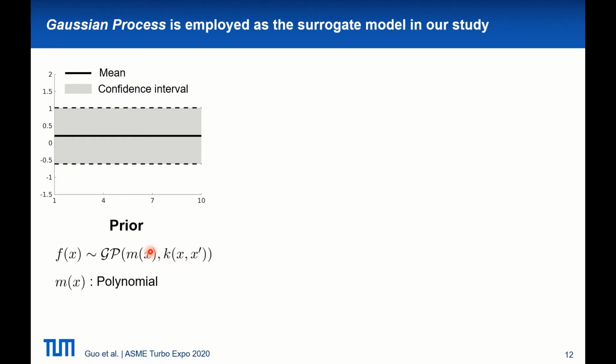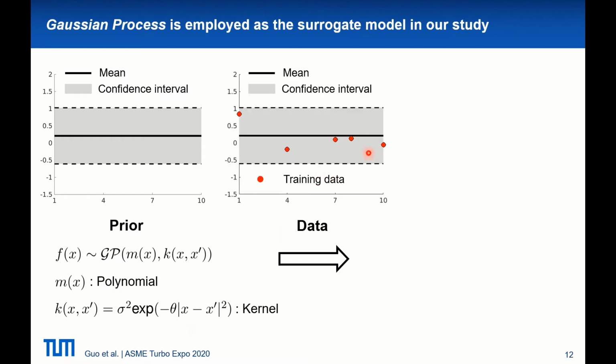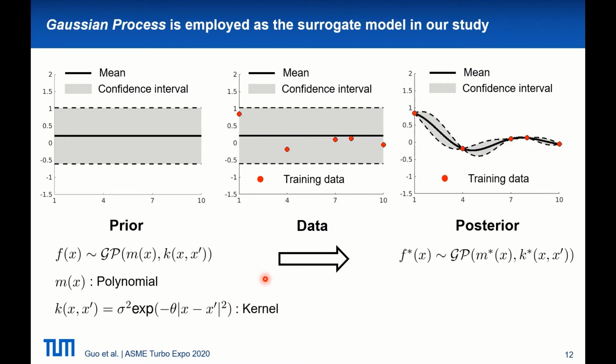Usually, the mean takes the form of a polynomial function, and the covariance function, also known as the kernel, usually looks like this. By using the training data, we can estimate the values of those polynomial coefficients, sigma squared and theta, that best fit the data. Then we arrive at the posterior. We simply use the mean function as our surrogate model. The posterior here also gives us the prediction uncertainty, which is the key to quantifying the risk variation.